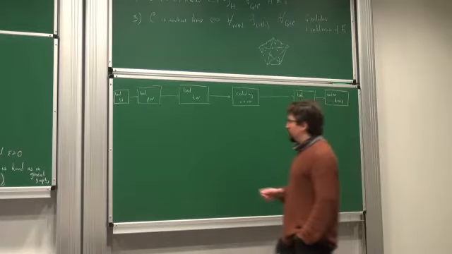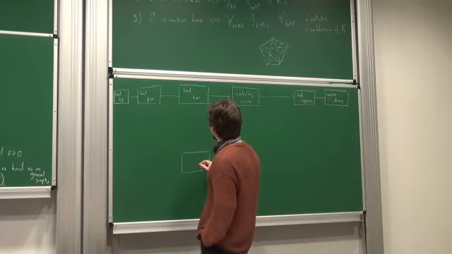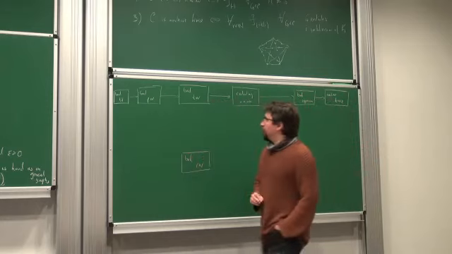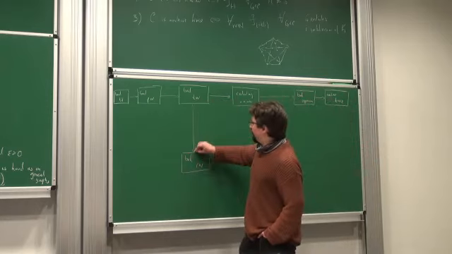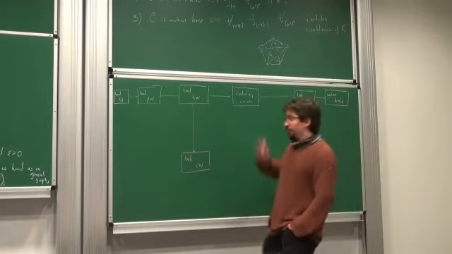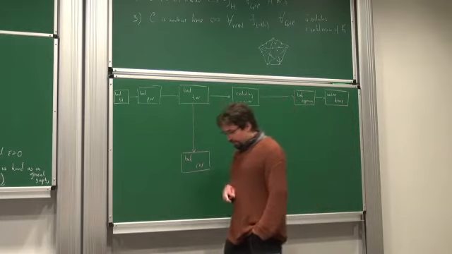For example, I could think about classes of bounded clique width. I will not give you a definition of clique width. It is a parameter that generalizes tree width. So every class of bounded tree width has also bounded clique width.